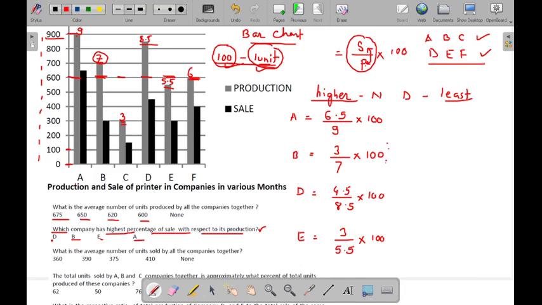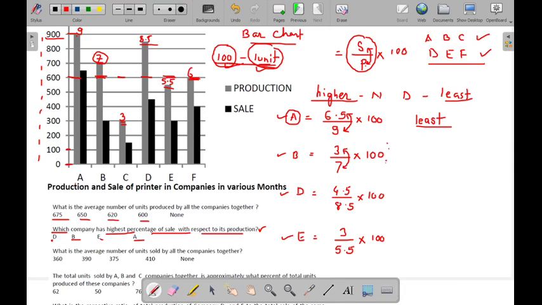Now one method is to actually solve all these values, but that is not feasible. What you do instead: whichever value is highest, among A, B and E, will be the one where the difference between the numerator and denominator is least.